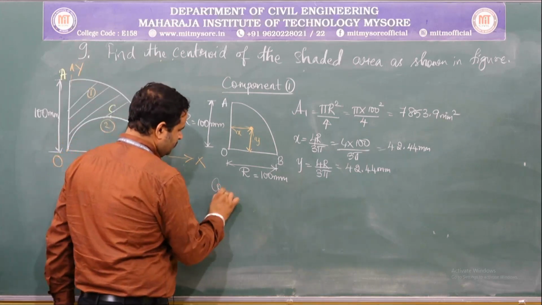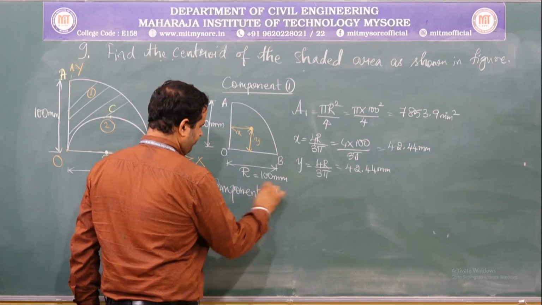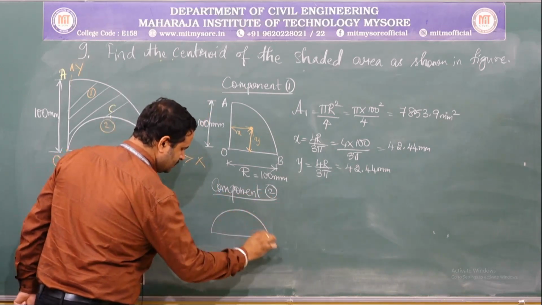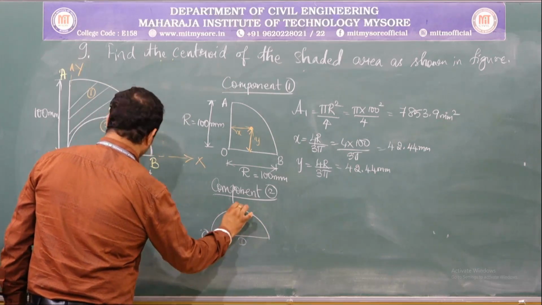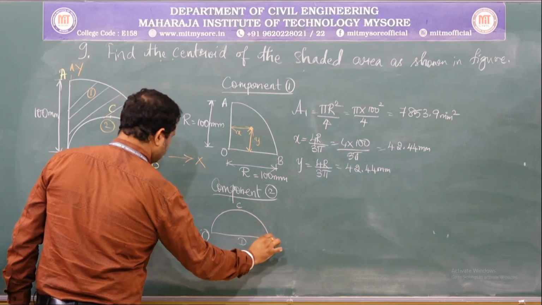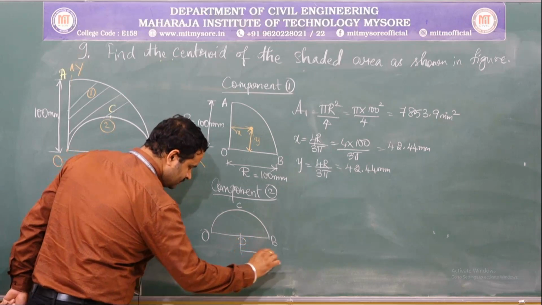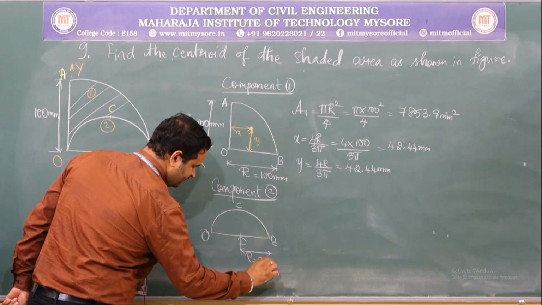Next, component 2. So, component 2 is our semicircle O, C, B, and the radius is 50 mm.